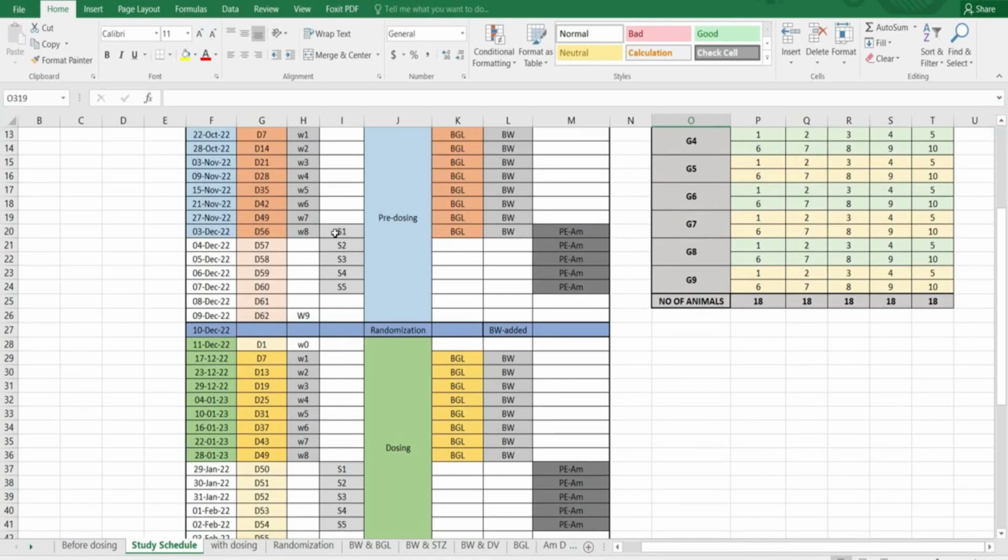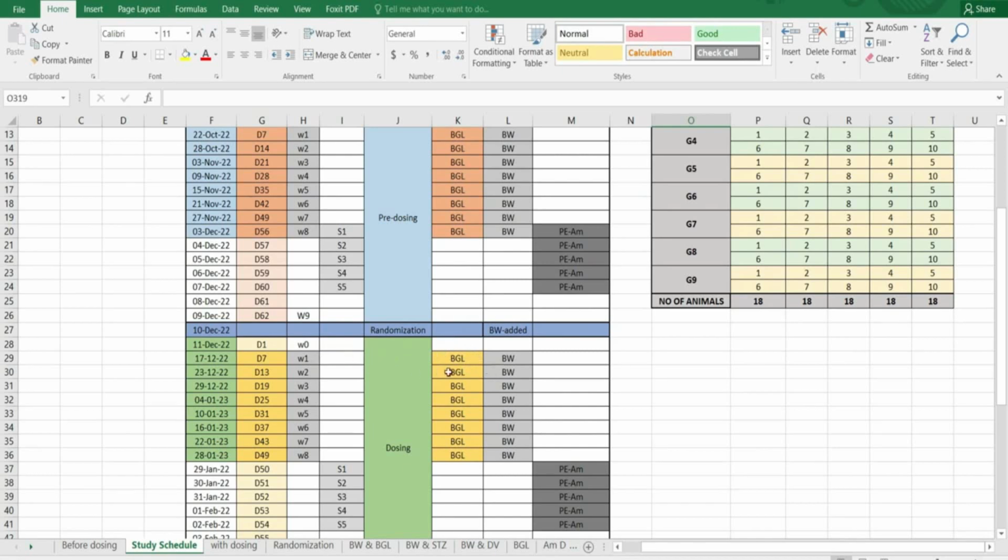We can do that by blood glucose level or by body weight. Randomization by blood glucose level may be difficult because the fluctuation of blood glucose level is too high at that time. If you want to do randomization based on blood glucose level, you can take the 8-week average of blood glucose level and then do the randomization.